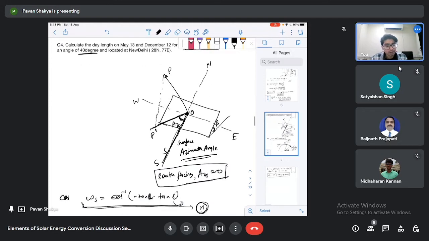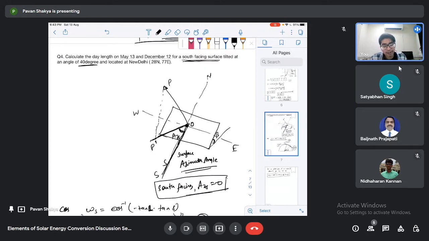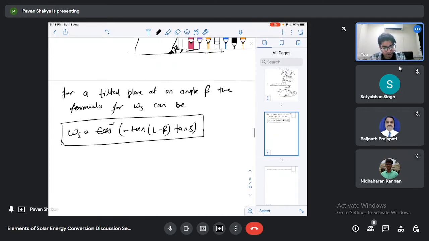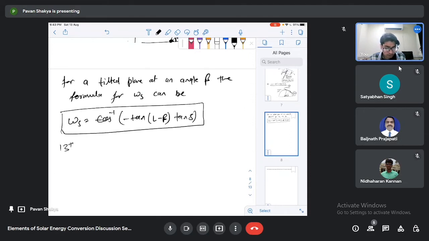Suppose now we want to calculate it for 13th May. For 13th May, N will be the days of Jan, Feb, March, April and May, so N will be 133.